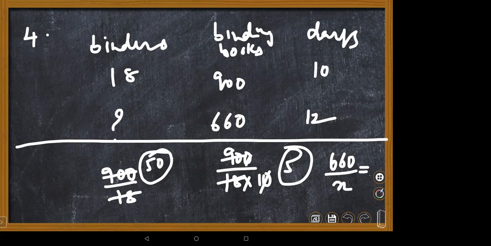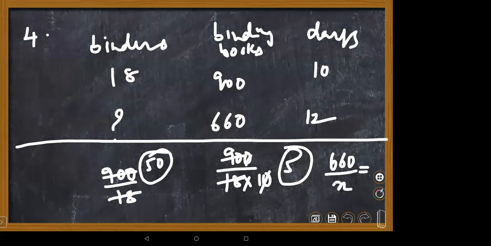Satvik, how did you do it here? How did you get 11? Ma'am, I did it like 900 by 18 into 10 is equal to 660 by x into 12. So that is the way we are doing the same thing, right? Ma'am, I got 6x is equal to 66. x is equal to 66 by 6, which is 11.